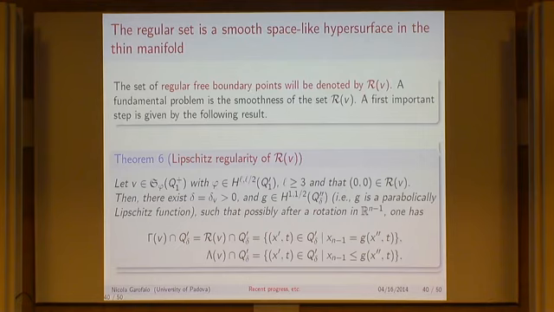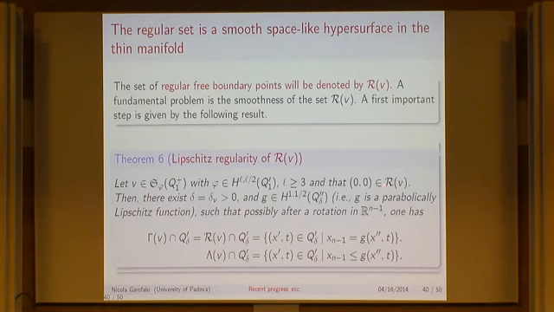Right now I'm denoting with this notation the regular set, the set of all regular free boundary points. So again, you take a normalized solution to the parabolic Signorini problem with phi in a suitable parabolic Hölder class H^{l,l/2}, notation of Ninth, Solonnikov and Ladyzhenskaya.